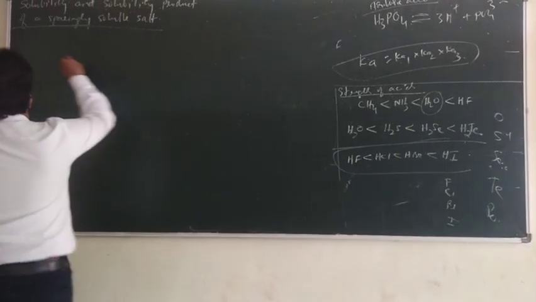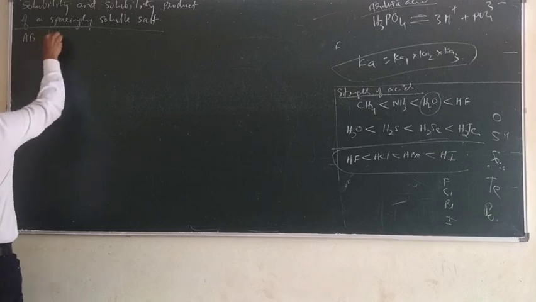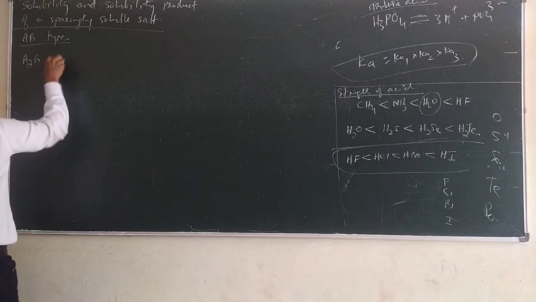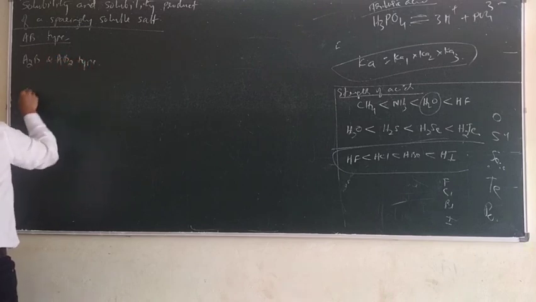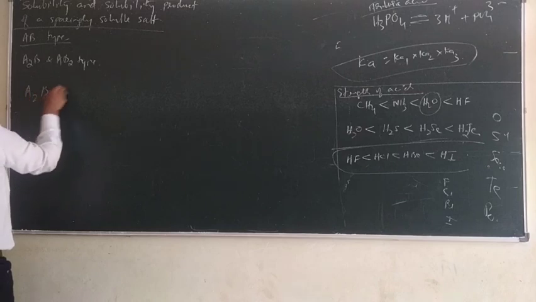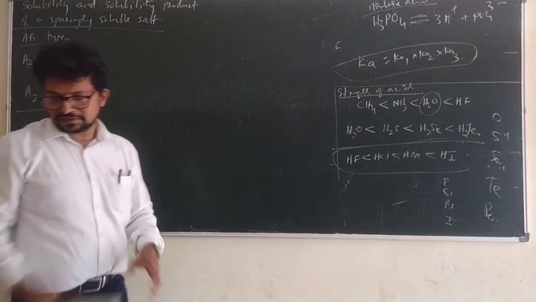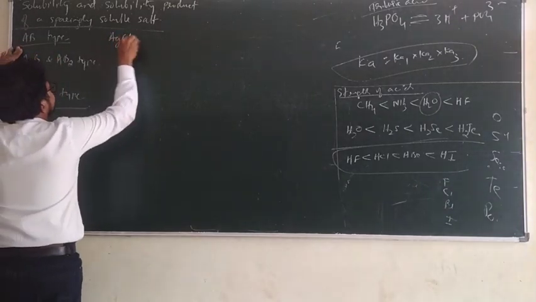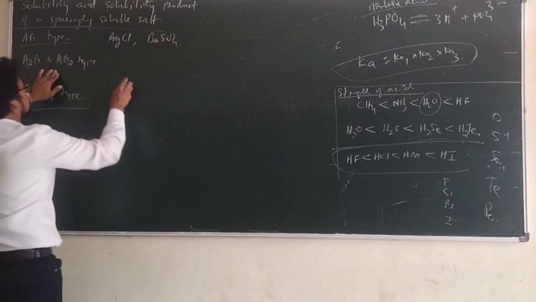Some of the salts are of types like AB type, A2B and AB2 type, A2B3 type, like this. For example, AB type: silver chloride, AgCl, barium sulfate, BaSO4.